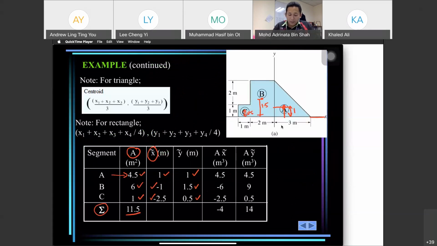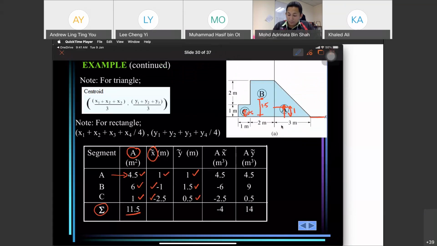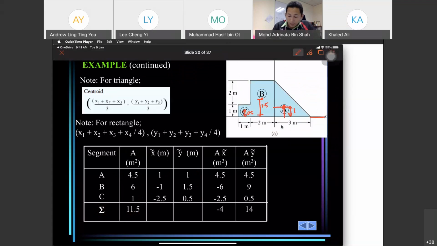A times x: 4.5 times 1, we get 4.5. 6 times negative 1 is negative 6. 1 times negative 2.5, we have negative 2.5.